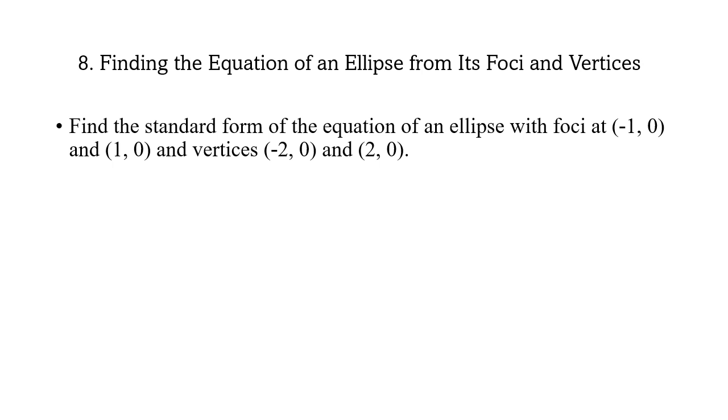Now, if we need to write the equation of an ellipse with foci negative 1, 0, and 1, 0, and vertices. Now notice, because one of the coordinates of all the points we have is 0, this ellipse is centered at 0. Now the vertices are on the x-axis.